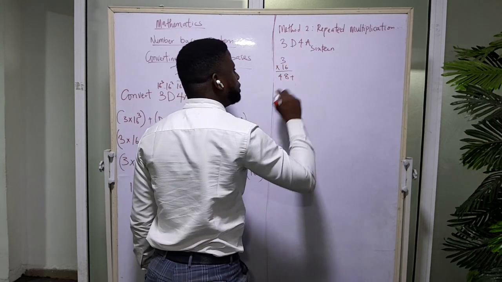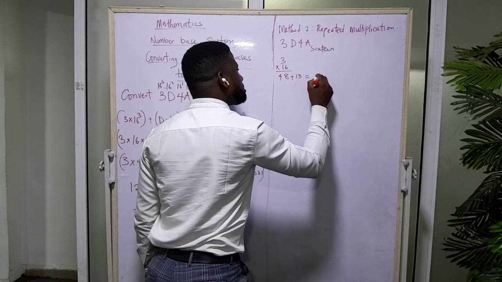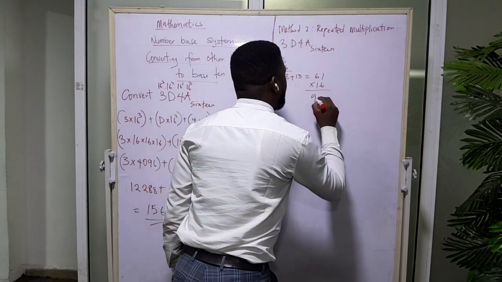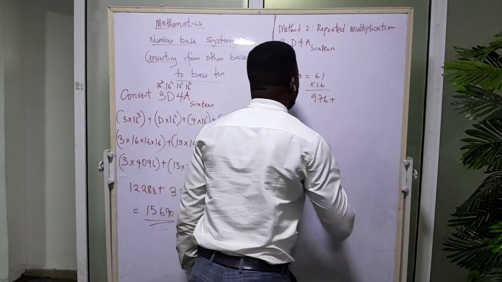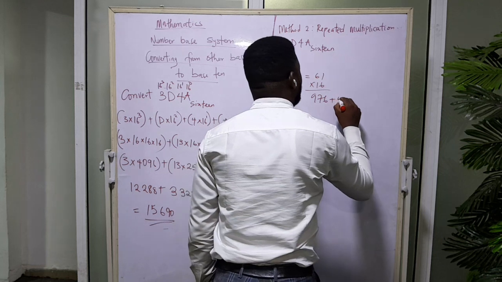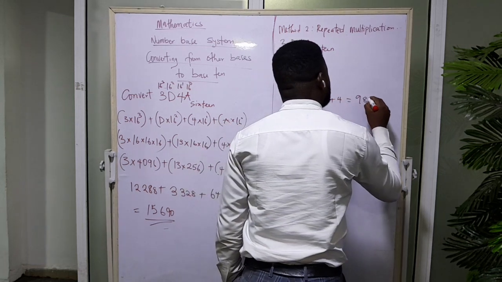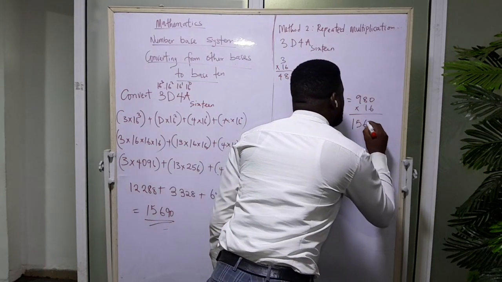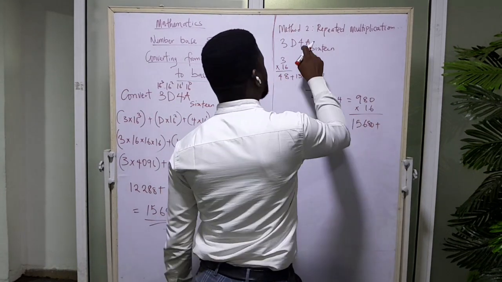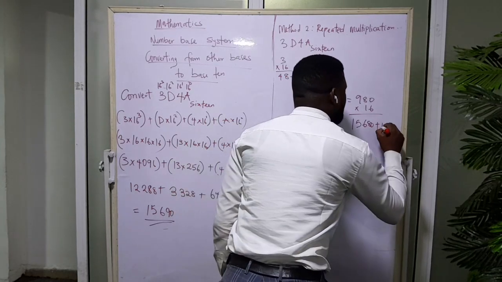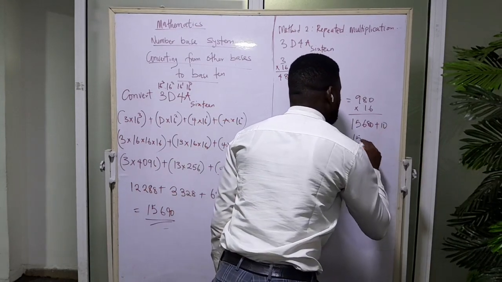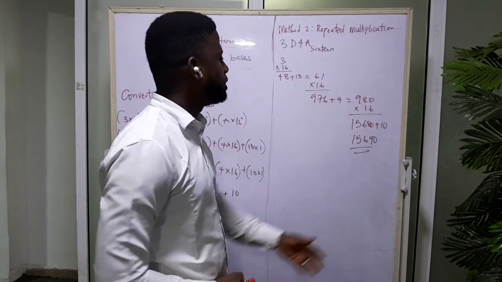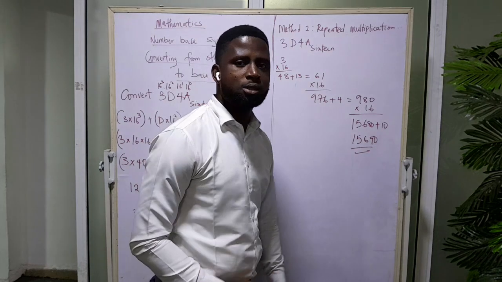Plus the next number D, which is 13, and this is 61. 61 times 16 gives us 976. Plus the next number, which is 4, is 980. 980 times 16 gives us 15,680, plus the last number A, which is 10, and that gives us 15,690. Our result is in base 10, so there's no need to indicate the base.